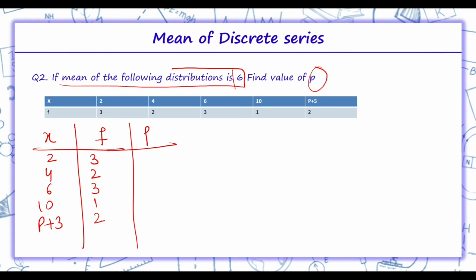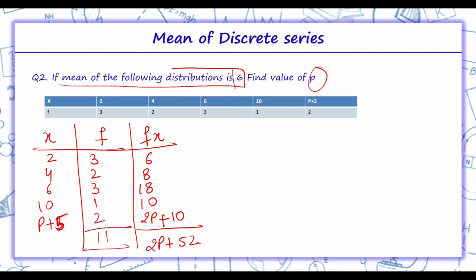So we'll find fx: 2 into 3 is 6, 4 into 2 is 8, 6 into 3 is 18, 10 into 1 is 10, p plus 3 into 2, sorry, it is p plus 5 into 2, it will be 2p plus 10. So we'll add all these values, we will get 2p plus 52. Here summation f will be 11.